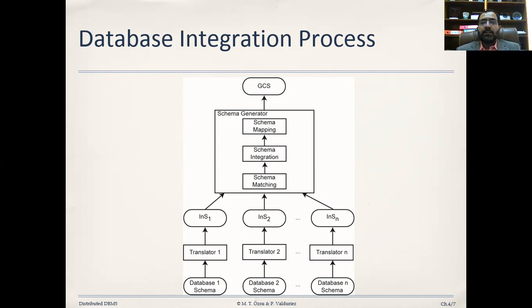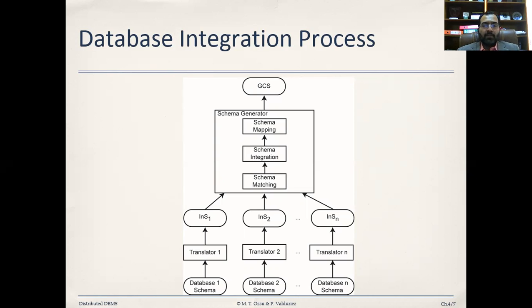Depending on the problem you have, you might have two schemas, you might have more than two. It is up to the problem. And what is the actual task you have? The actual task is to integrate them, to come out with the GCS definition.